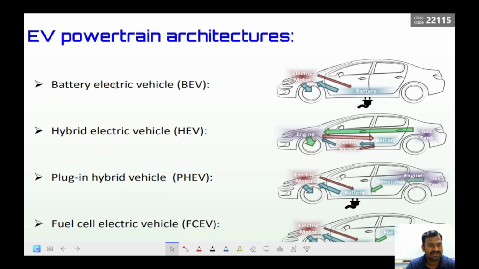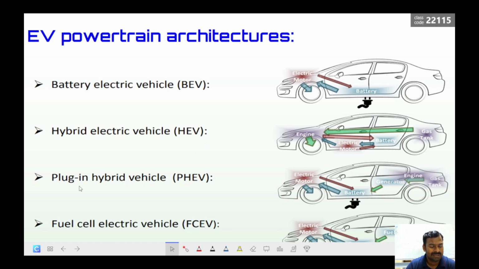Different architectures are available based on the powertrains for electrical vehicles. We have battery electrical vehicles, BEV, which are purely based on the electrical charge stored in the battery. There is no hybrid, no other sources, only electrical energy as the source for this type of car. In hybrid electrical vehicles, two or three different types of energy sources can be used, mostly fossil fuel and an electrical battery.